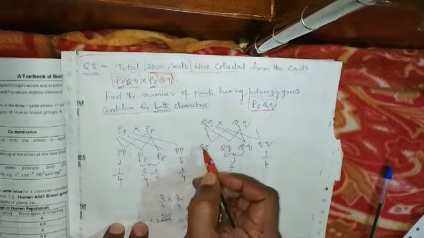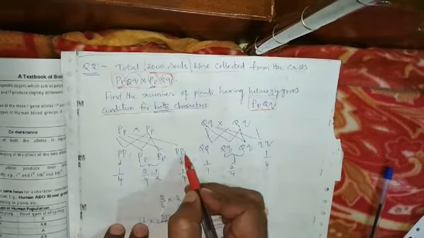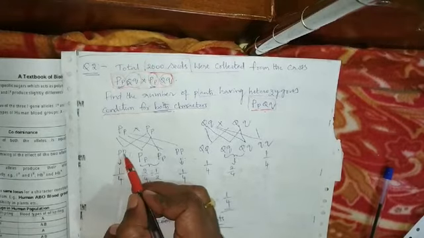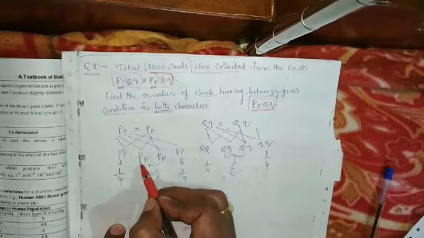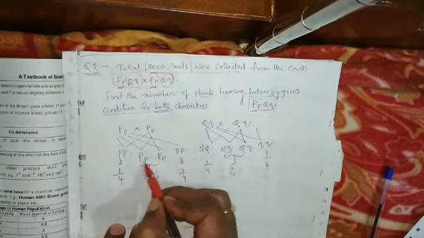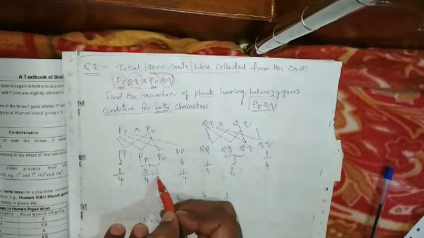Small p crossed with small p gives small p small p. So capital P plants are 1 by 4. Capital P small p, 2 plants are produced out of 4, 2 by 4, which is equal to half.